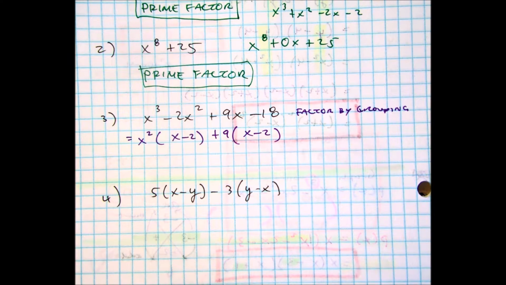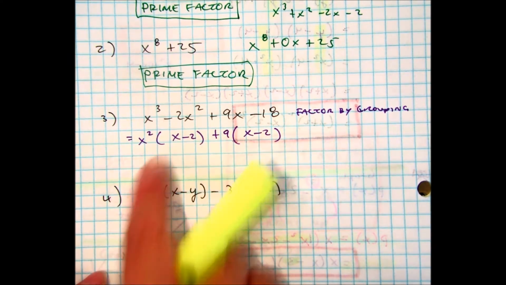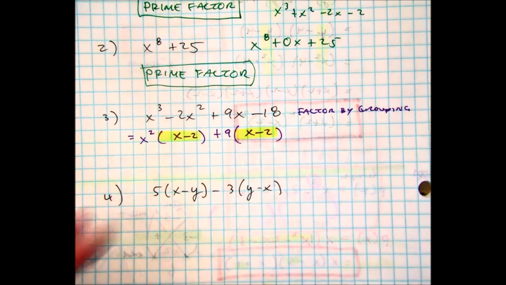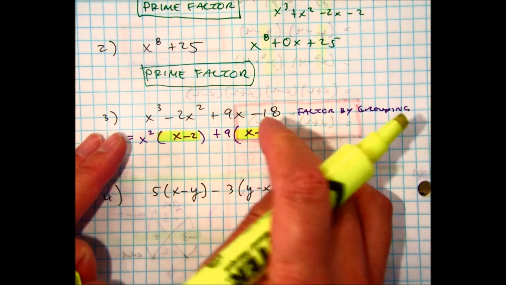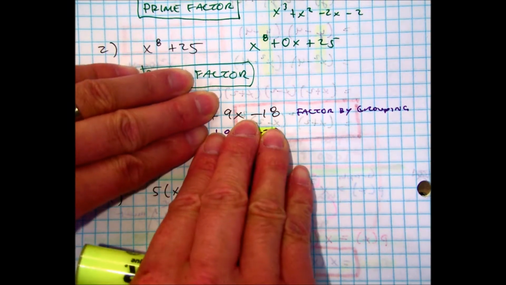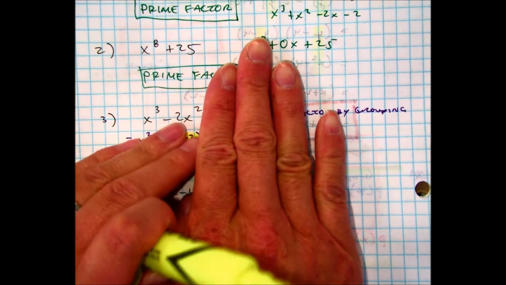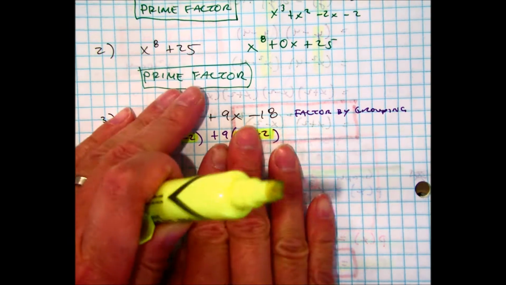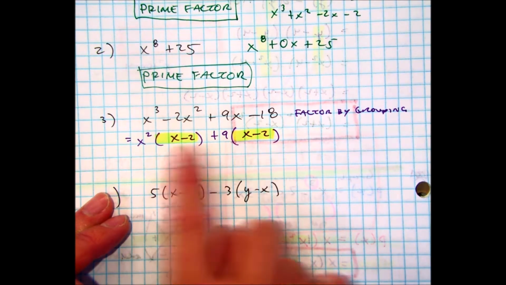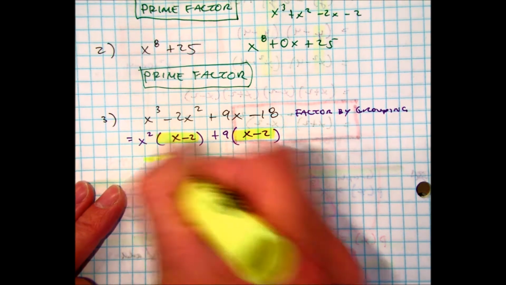If I'm paying attention, I realize that on both sides of the plus sign, they both have an x minus 2. So what I'm doing here is a second greatest common factor. I found a greatest common factor on the left side. I took a greatest common factor on the right side. And then when I look at it, I realize they both have another x minus 2 in common.